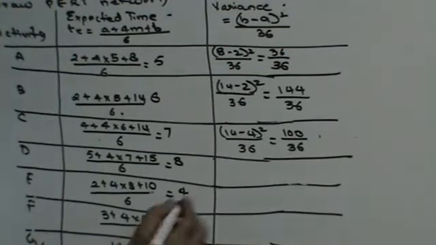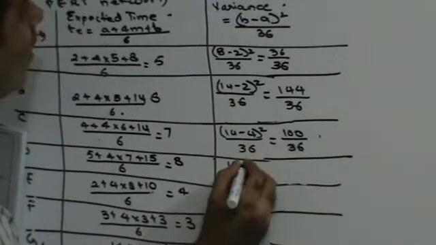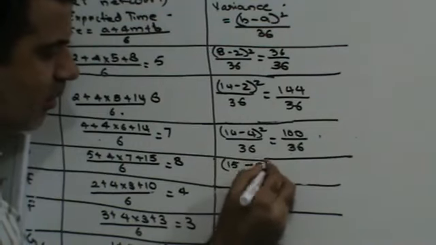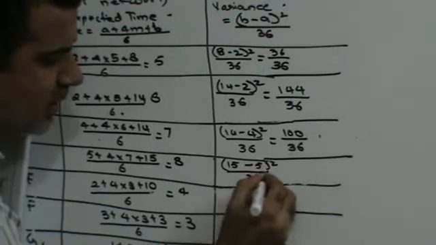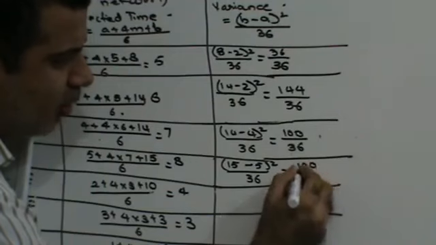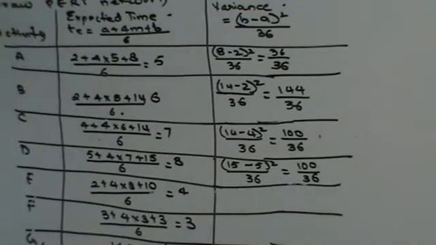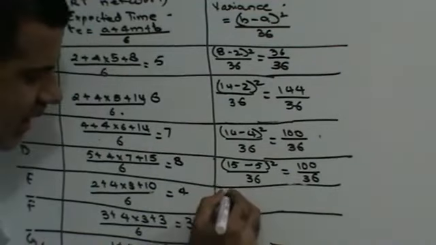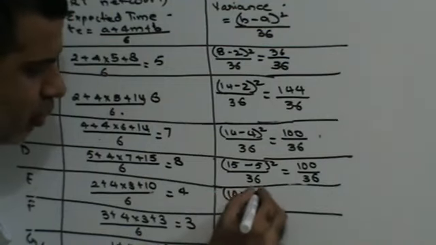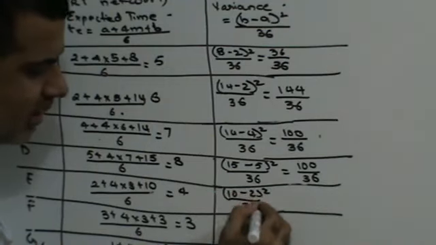For activity D, it is going to be 15 minus 5 the whole square upon 36. 10 square, 100 upon 36. For activity E, it is going to be 10 minus 2 the whole square upon 36.